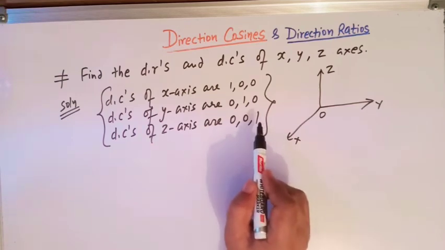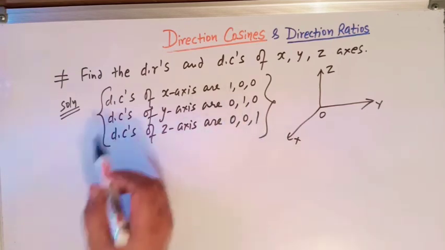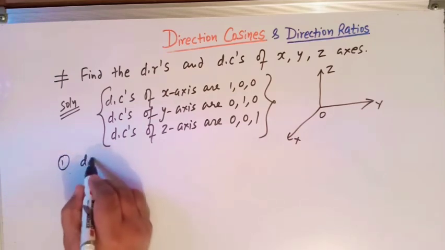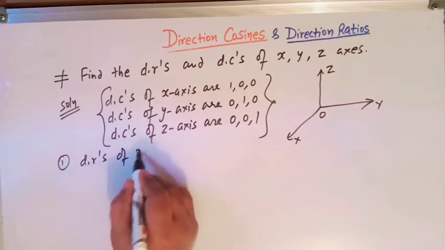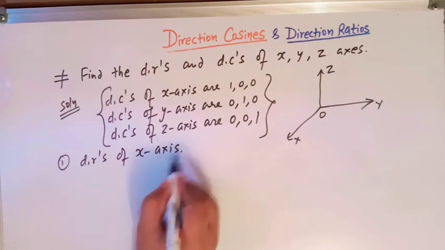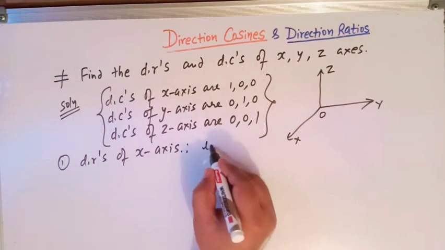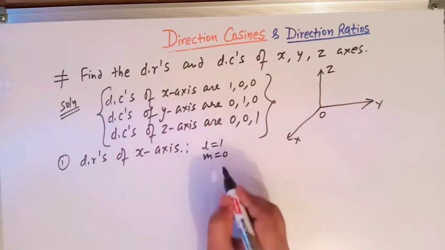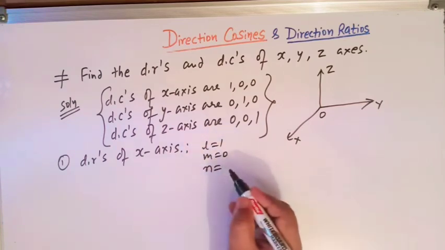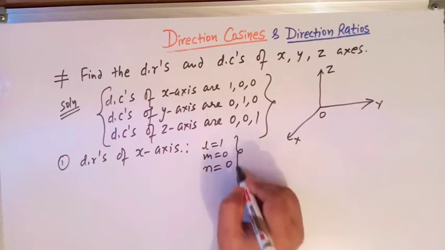Now what are the DRs? Let us first find the DRs of x-axis. Clear? Now for x-axis the DCs are l is 1, m is 0, and n is 0, right?